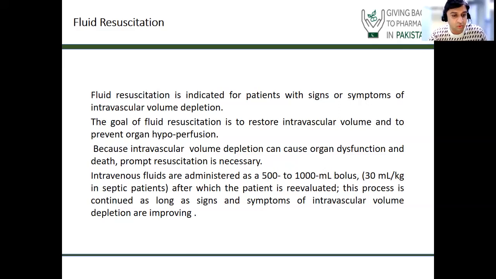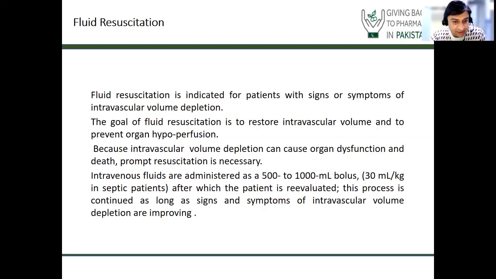So what is the goal of fluid resuscitation? The goal is to restore the intravascular volume and to prevent further organ hypoperfusion. Remember, intravascular volume determines the amount of blood that is ready to be ejected at the end of diastole, which is preload.